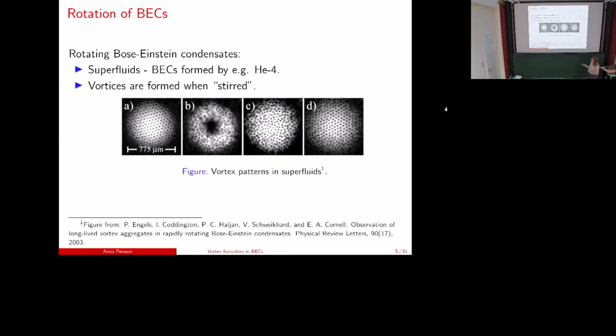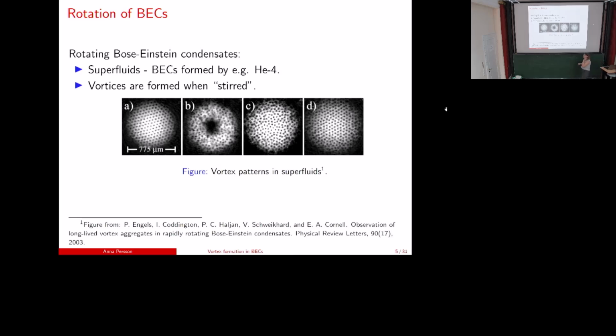But we're interested in this part, how to model these vortices, the patterns. Yes, okay, so this is not my work. I don't work with these experiments. This figure is from a reference I have here, some colleagues.